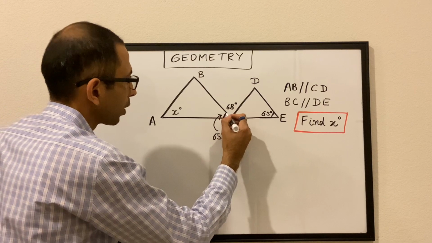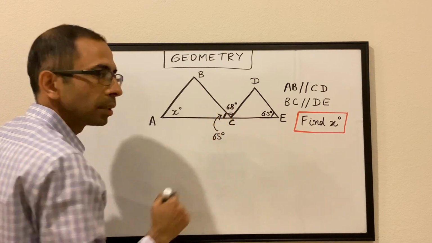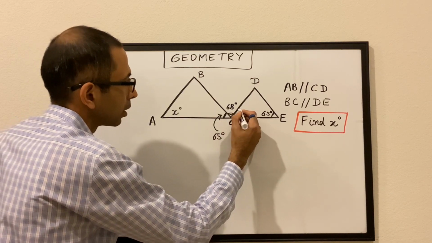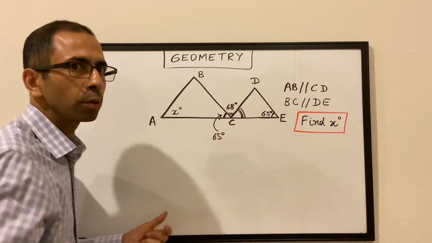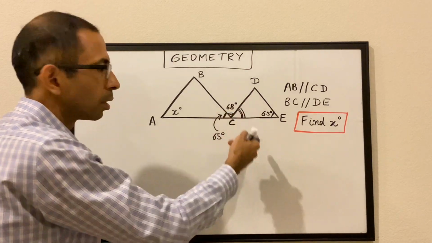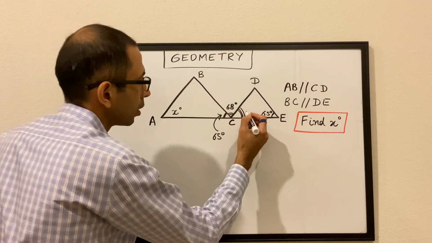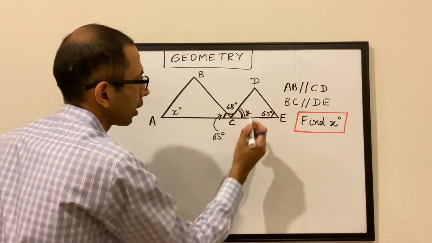Now this angle is 65 degrees and this middle angle is already given to be 68 degrees, hence we can find this bigger angle, because the sum of all these three angles would be 180 degrees, since they form a straight angle. So let's say we have to find this angle and we call it y.